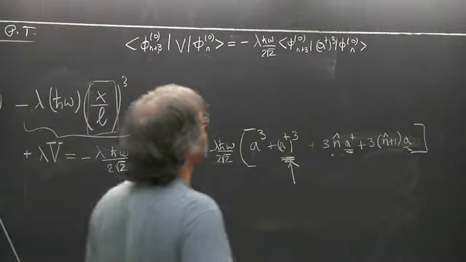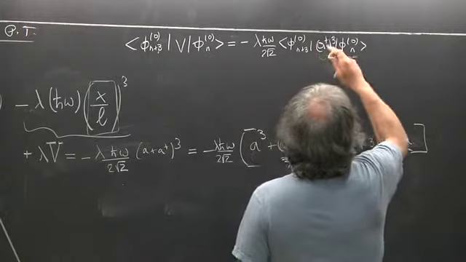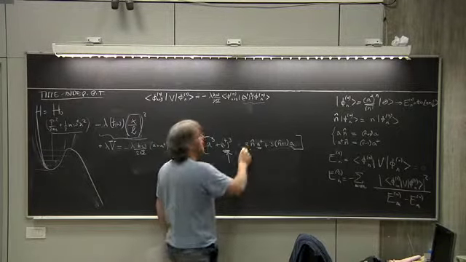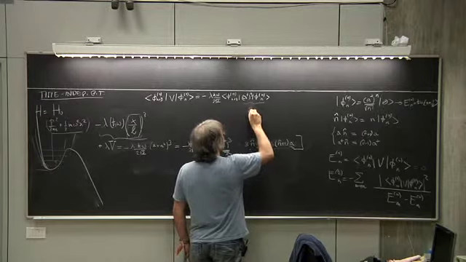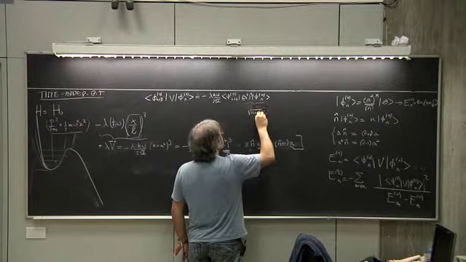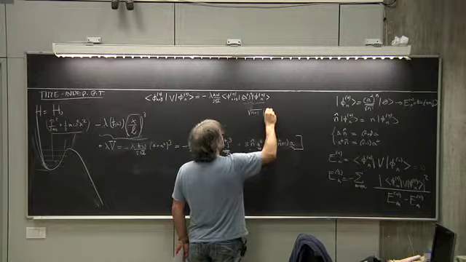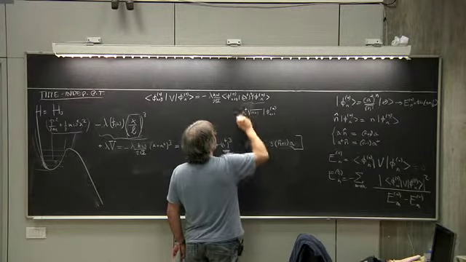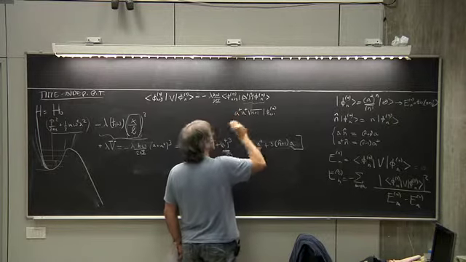Now let us calculate this carefully. The first a dagger will give me square root of n plus 1 times phi n plus 1. Then I have another a dagger and another a dagger, because there are 3 of them.